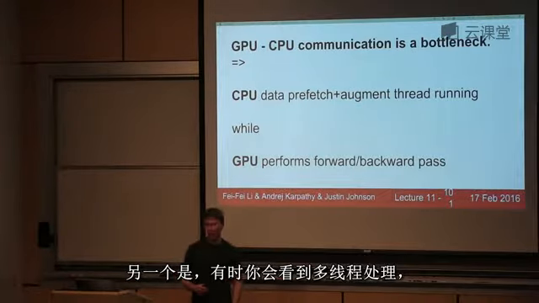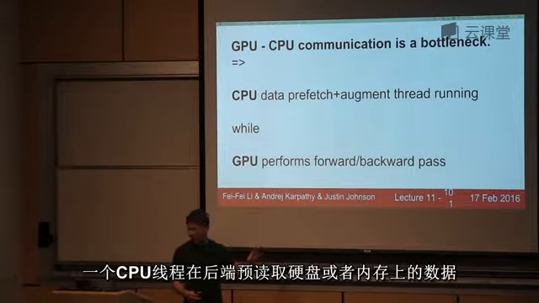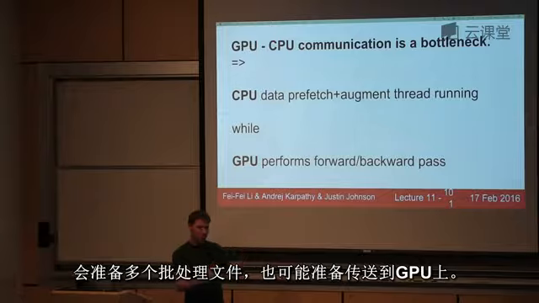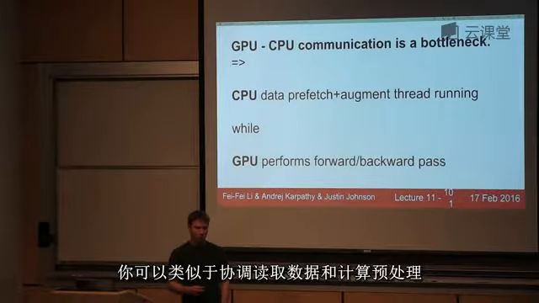Another thing you'll sometimes see is a multi-threaded approach, where you'll have a CPU thread that is prefetching data off disk or off memory in one thread in the background, possibly also applying data augmentations online. And then this background CPU thread will be preparing mini batches and possibly also shipping them over to the GPU.